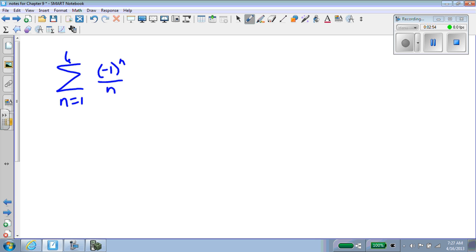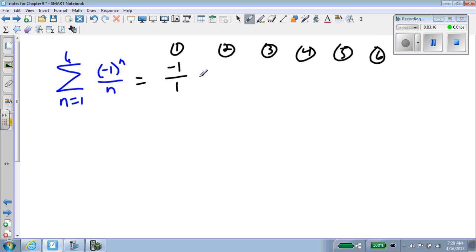Okay. The sequence defined by negative 1 raised to the nth power divided by n. We want the sum of the first 6 terms. So 1, 2, 3, 4, 5, 6. So if n is 1, that would be negative 1 over 1. If n is 2, that would be positive 1 over 2. If n is 3, that would be negative 1 over 3. If n is 4, 1 over 4.